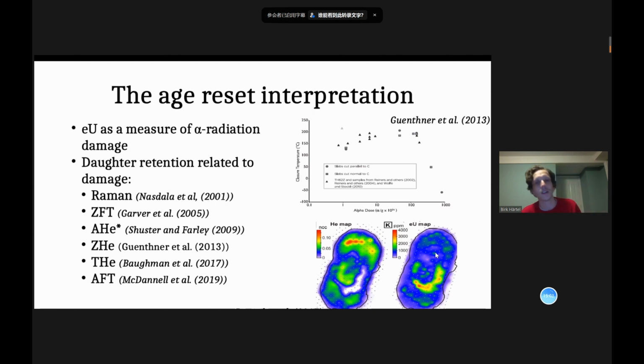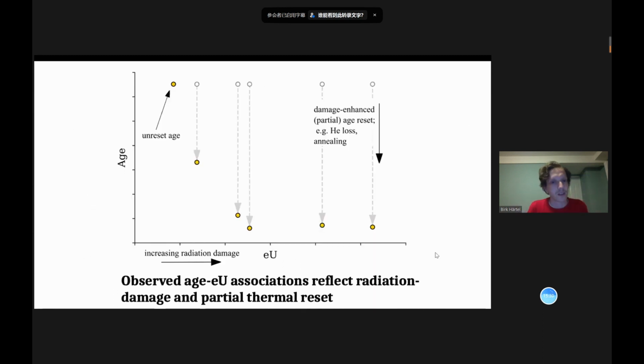The apatite helium is a bit special. Here the relationship between age and effective uranium is usually a positive association. But anyway, what you need to remember is that for all these methods, such an association has been observed, and for all of these systems it's usually interpreted in terms of radiation damage. So if we have a data set, what does this mean?